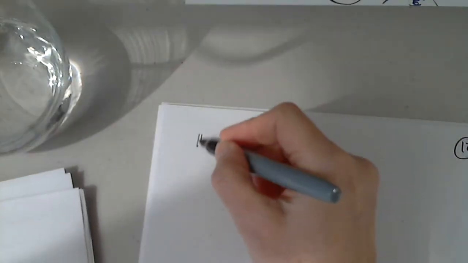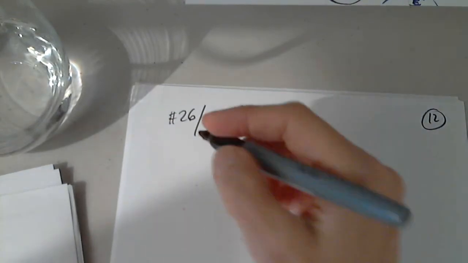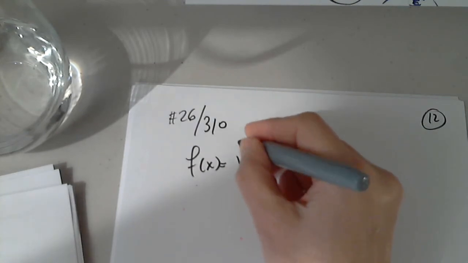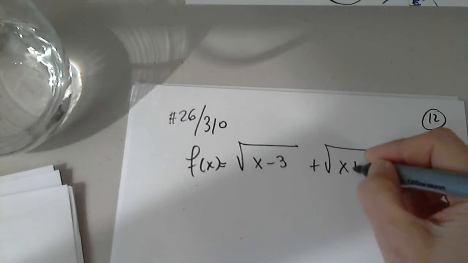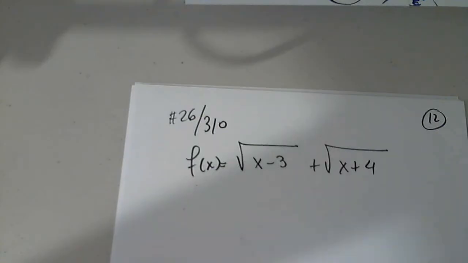So I'm going to start with 26. On which page is this? 310. 26 on 310. And that is a function f of x equals the square root of x minus 3 plus the square root of x plus 4. So this is like saying I'm adding two functions.